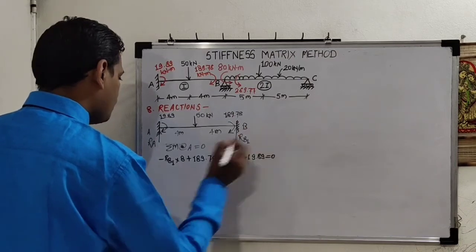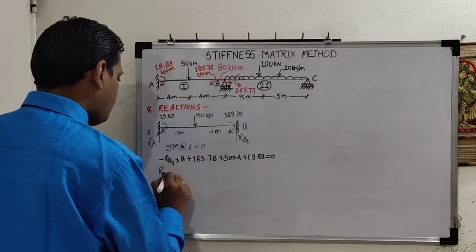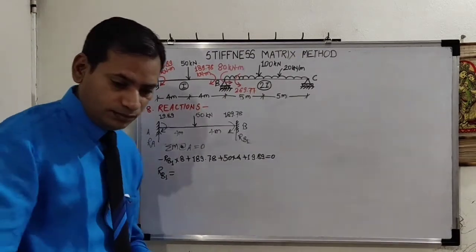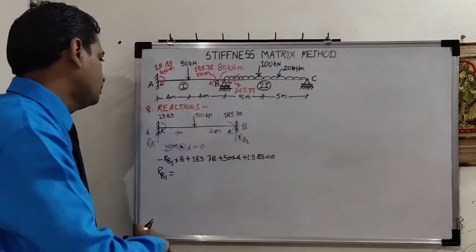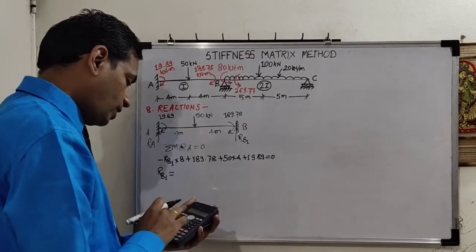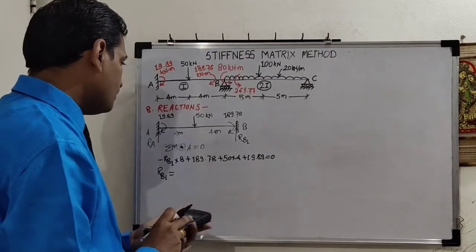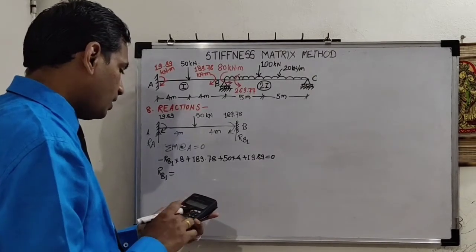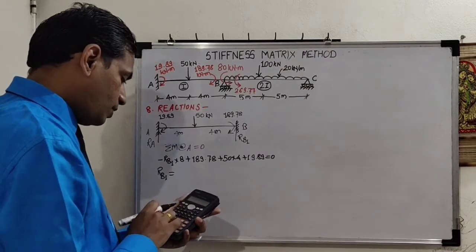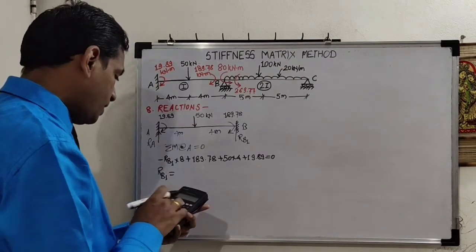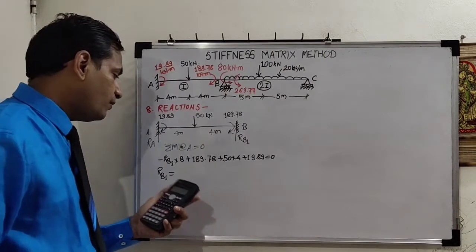This is equal to 0. So calculate RB1 from this. So 189.78 plus 50 into 4 is 200 plus 19.89 divided by 8. So answer is 2526.